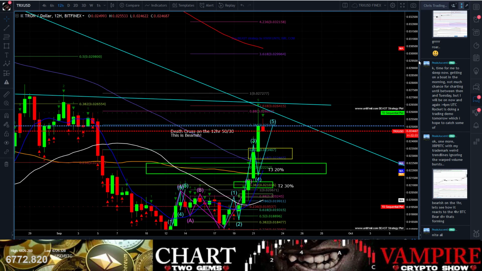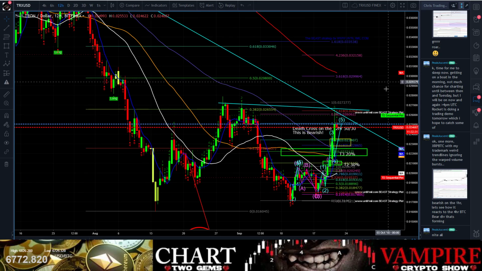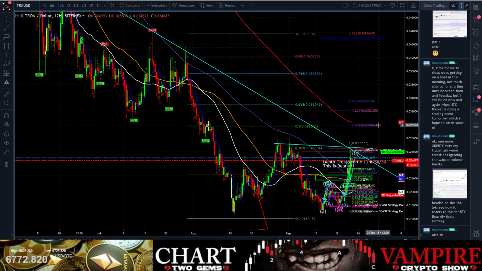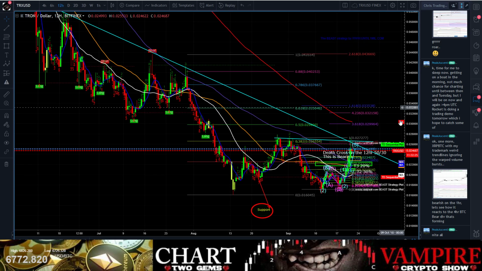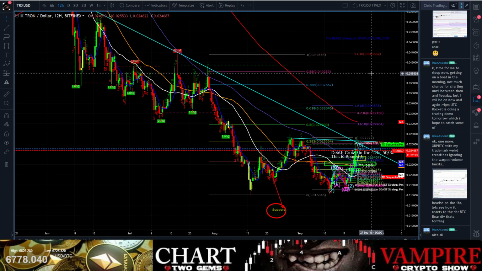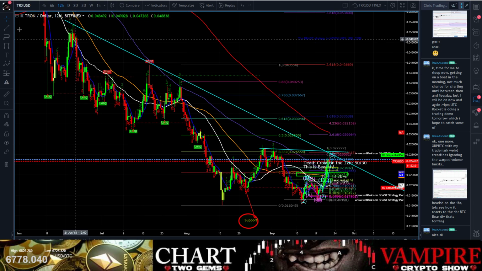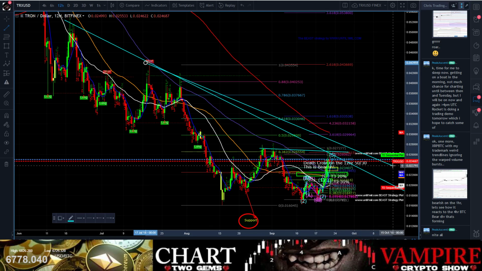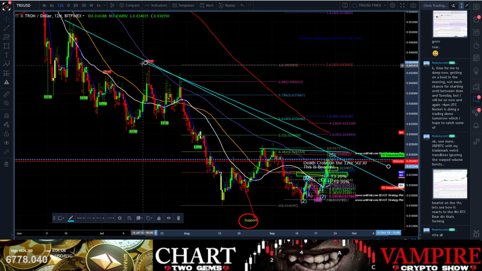Now, if you break out of this, you would then be looking at probably a little steeper, not much though. I don't think this is much of a variation, and we'll put it there.